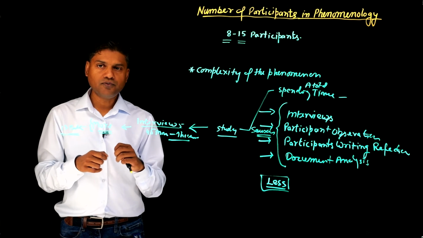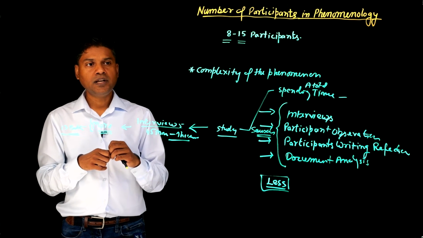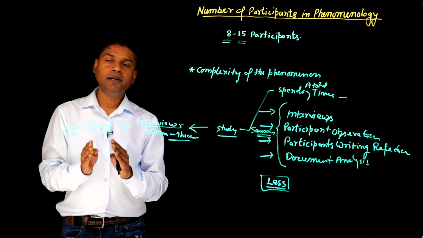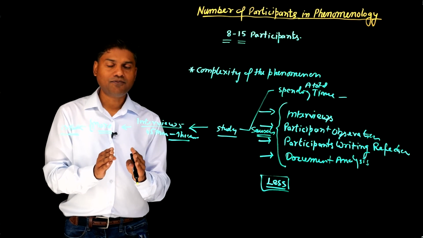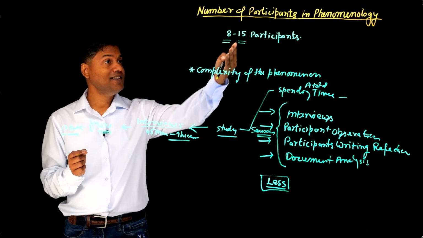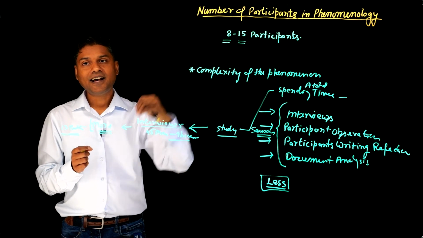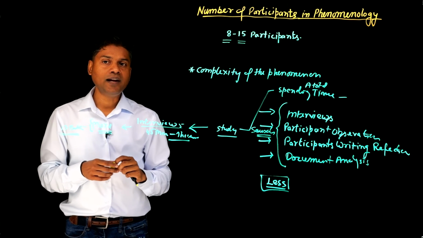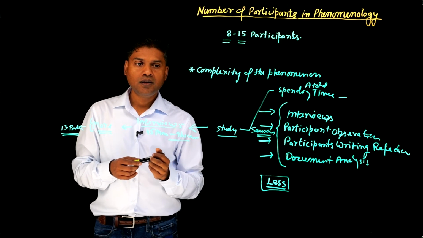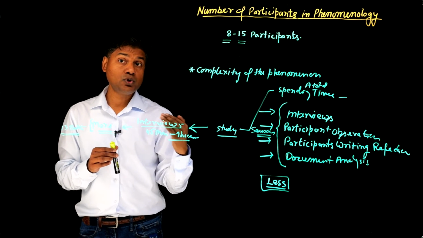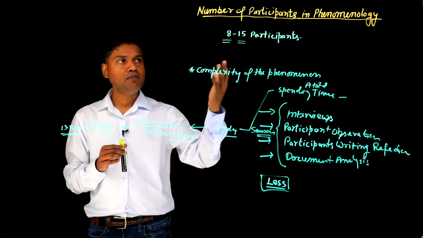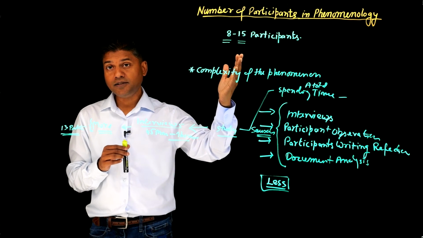So when it comes to phenomenology, I would say maintain an openness and start the data collection process. Yes, for IRB purposes, you need to mention a number, and you can say something like this. IRB people also understand that phenomenology as a research design maintains an openness towards the phenomenon, and because of this openness, the final numbers may change.